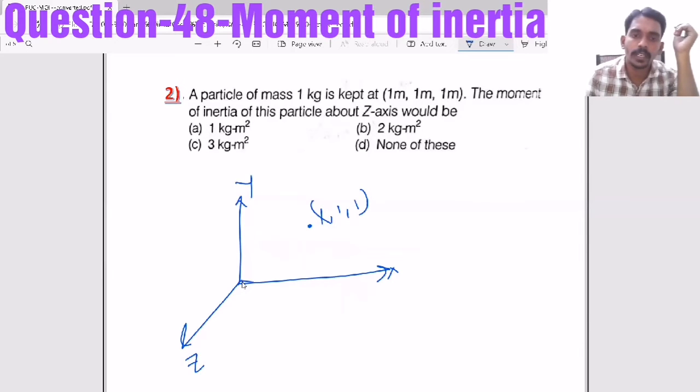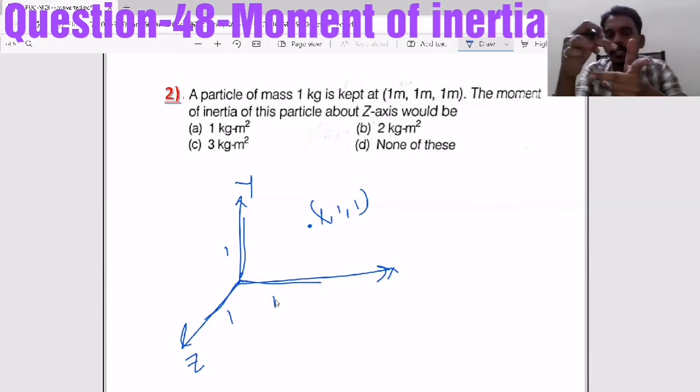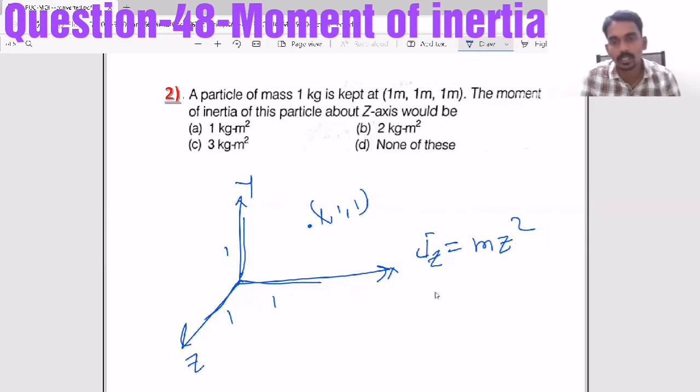So here the x coordinate is 1, the y coordinate is 1, the z coordinate is also 1. All are 1, 1, 1. Now when you imagine the three axes, the point is at 1, 1, 1. It has a perpendicular distance of 1 meter from each axis: from x 1 meter, from z 1 meter, from y 1 meter. Then the moment of inertia about the z axis means m into z coordinate square only.